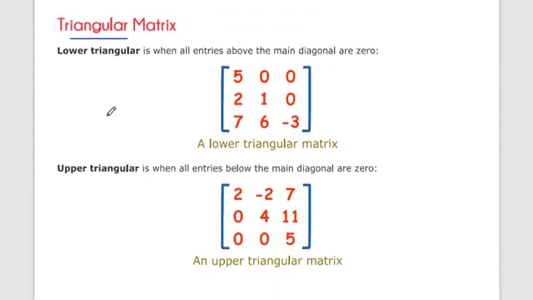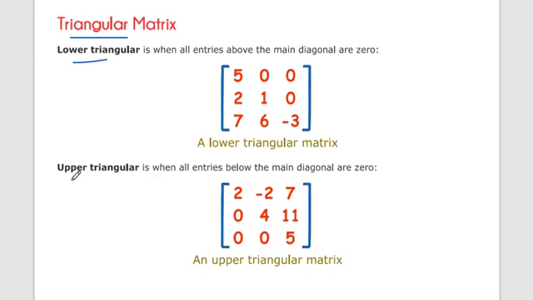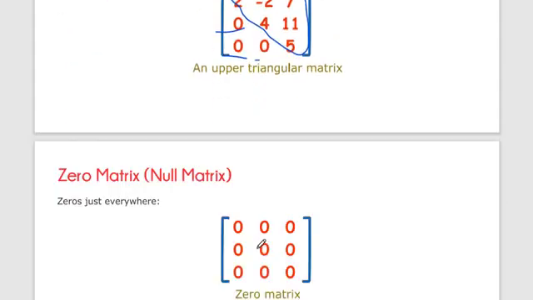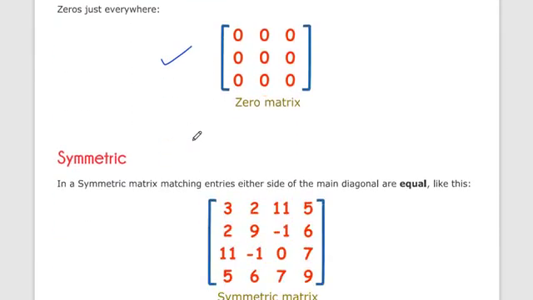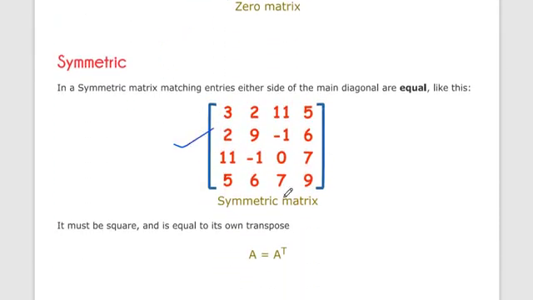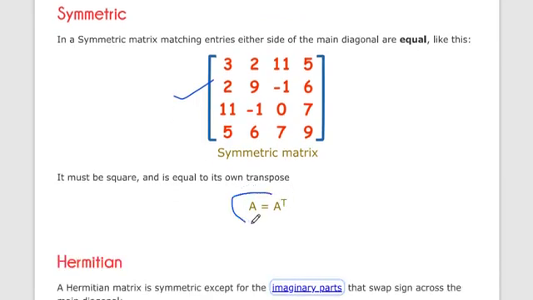Triangular has two types, lower and upper. Lower triangular has values in the lower triangle and all other elements are 0. And upper has values in the upper part and other elements are 0. Zero matrix, all elements are 0. Symmetric, what is symmetric? Symmetric means A and its transpose are equal.